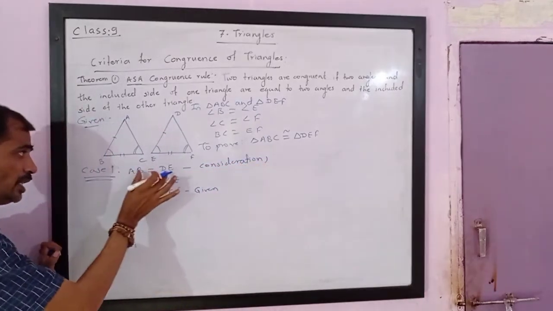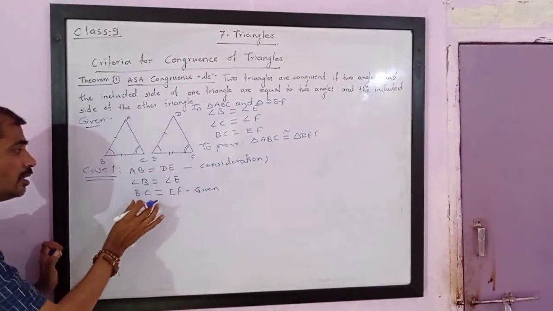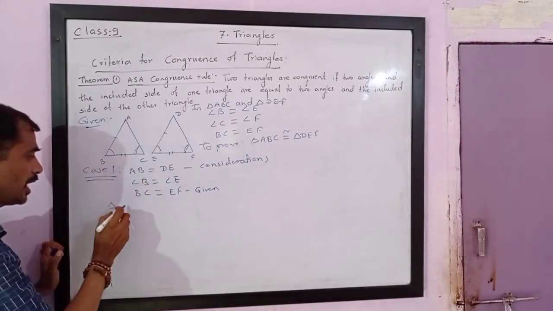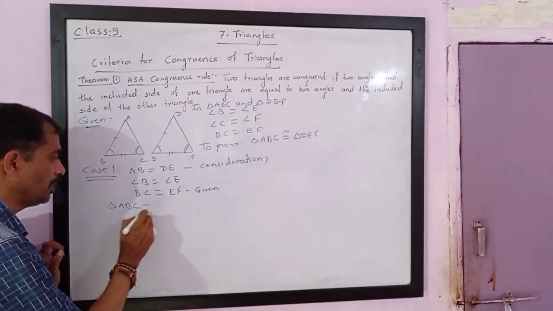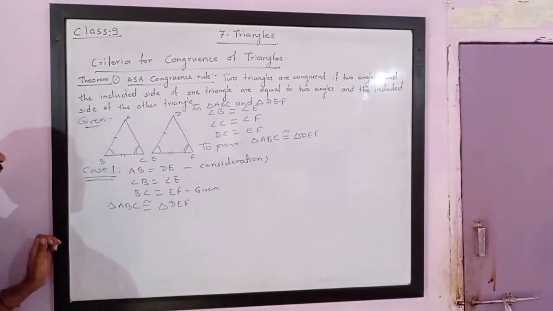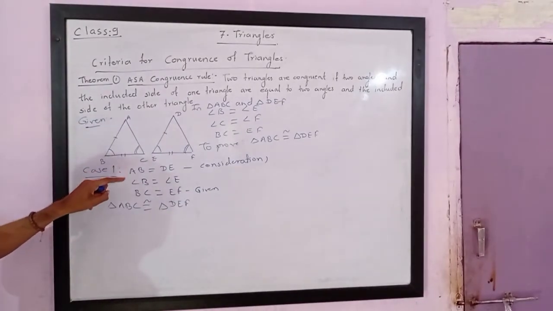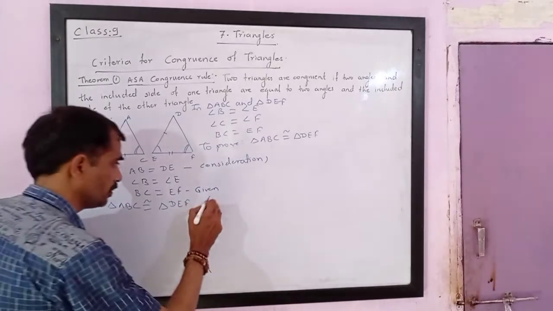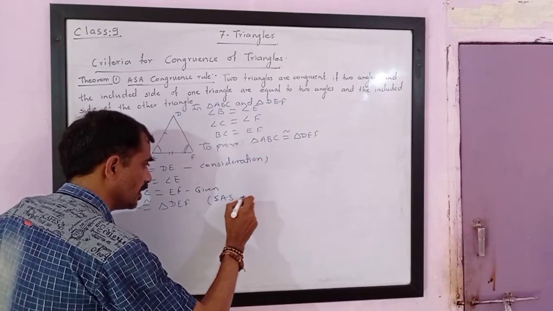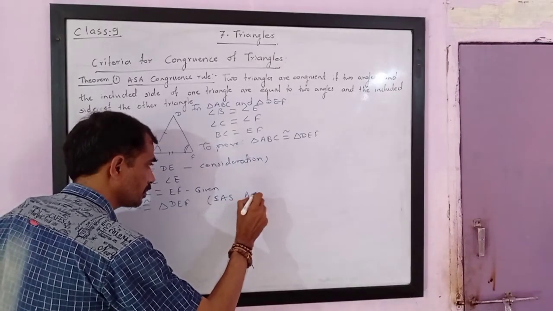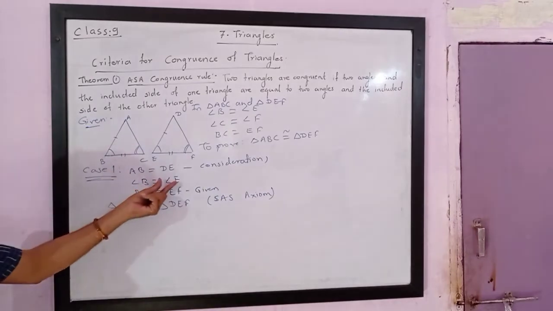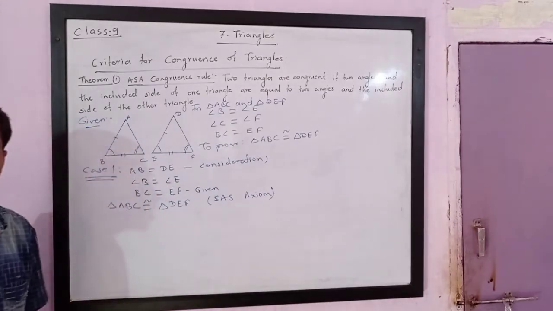Now, if AB is equal to DE, triangle ABC will be congruent to triangle DEF by our earlier criteria, the SAS, side angle side axiom. That is, two sides and the included angle are congruent, so the triangles will become congruent.